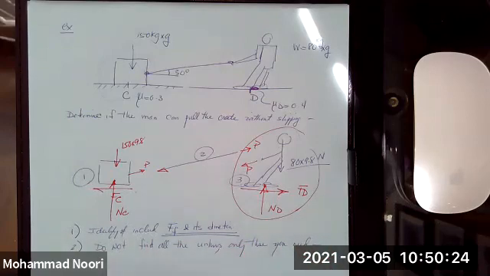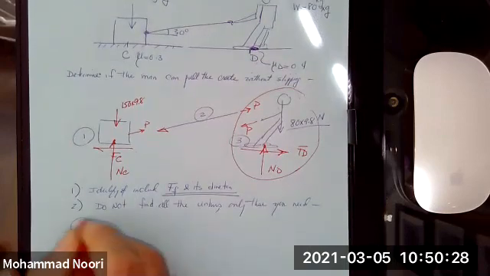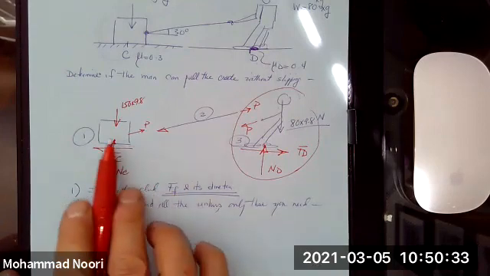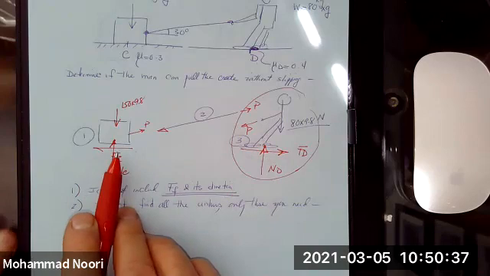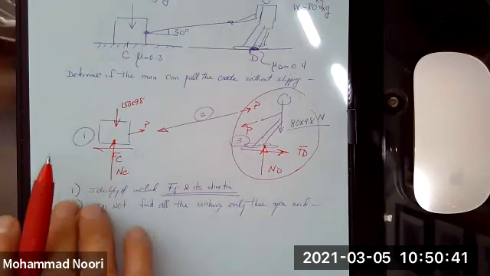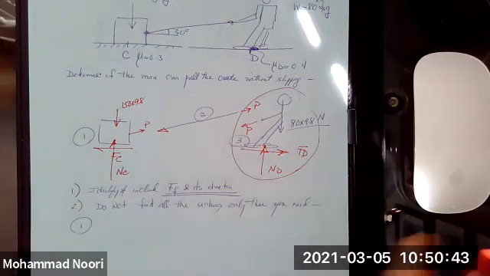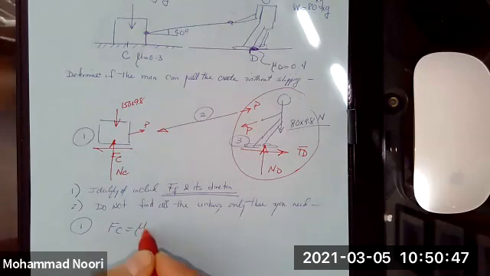Okay, so let's go about it. Like any frame problem, I start with free body diagram number 1. This guy is trying to pull this. The maximum force of friction that is resisting the motion before it starts is mu s times N. That is the maximum force of friction.